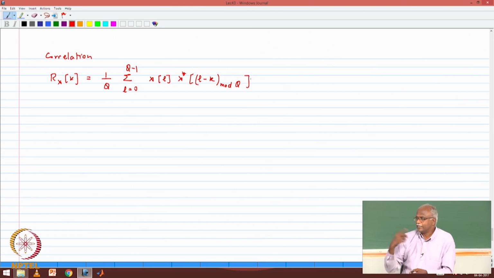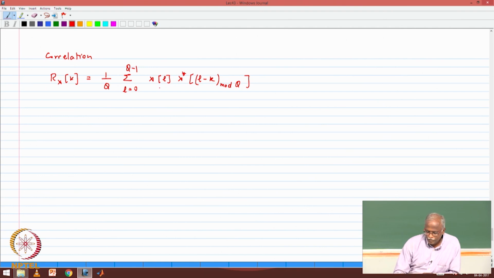Modulo q means it is a cyclic shift basically. So what this says is I have defined my autocorrelation in terms of a sequence with cyclic shifts of itself. Typically correlation would be where you just slide linearly, but this is a circular type of correlation that we have got.